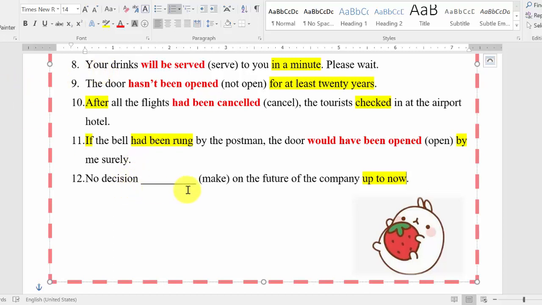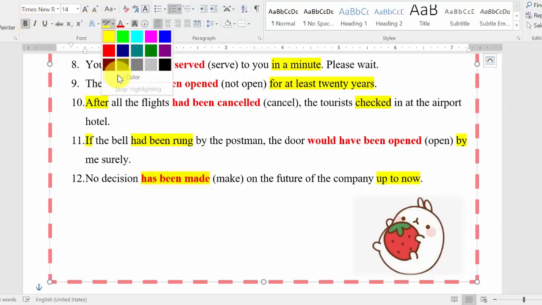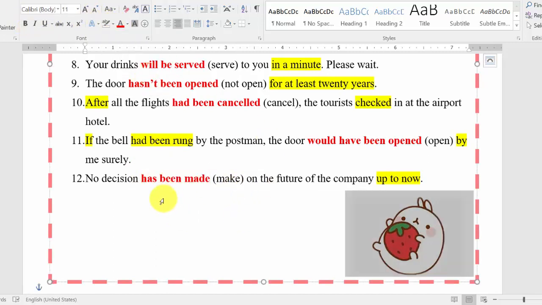So if it is an active sentence, then it should be present perfect continuous tense. Since it is passive form, it should be present perfect passive. No decision has been made. Up to now, until now, has been made. Present perfect tense, passive, has been PP, has been made.